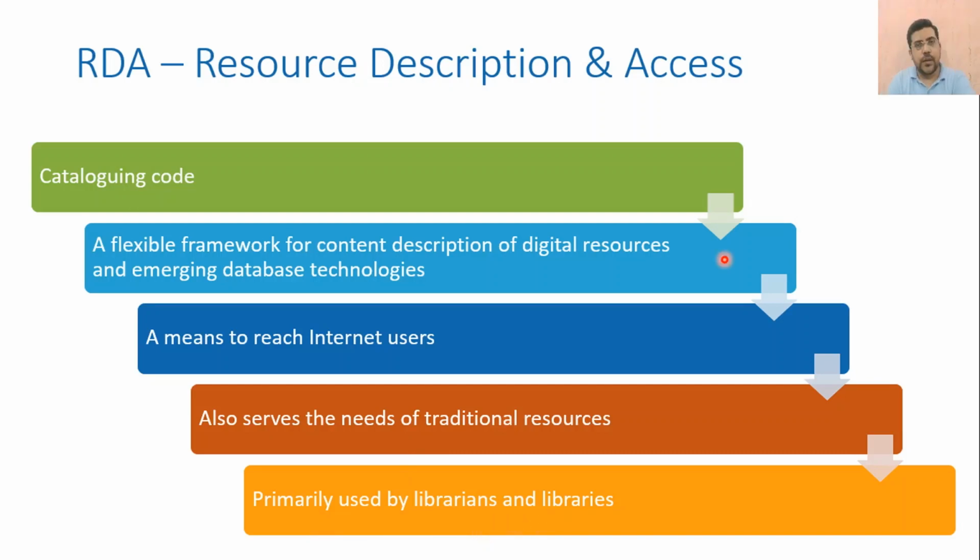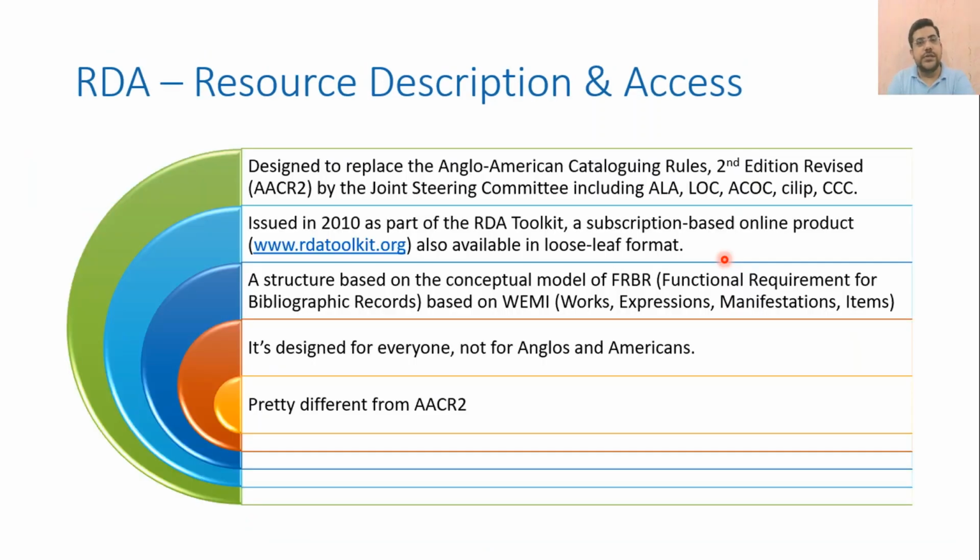We all know that RDA is designed to replace the Anglo-American Cataloguing Rules 2, the AACR2, and it was designed by the Joint Steering Committee, including the ALA, American Library Association, LOC, the Library of Congress, and ACOC, CLIP, and CCC.